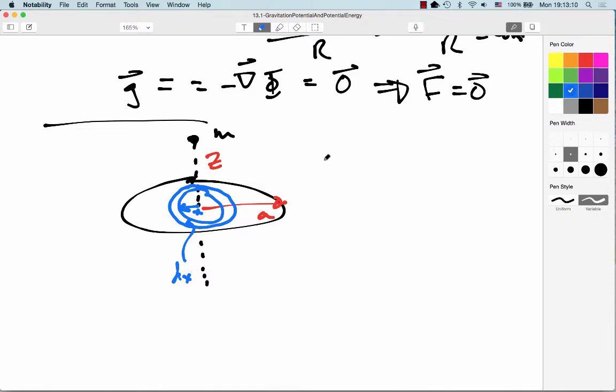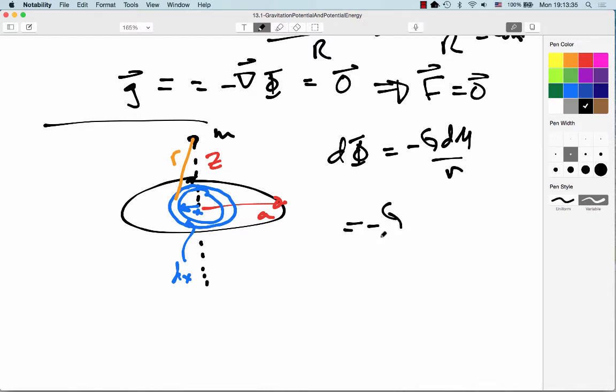So that we can do. We don't have to take any components. I'm just making life a little easier on myself. This is all the same distance, little r, away. So the differential contribution to the potential will be minus G dm over r.